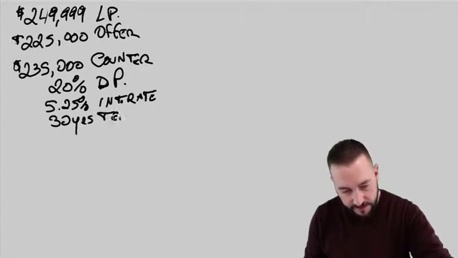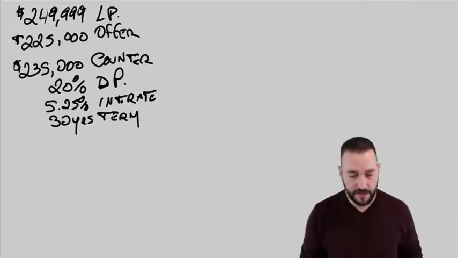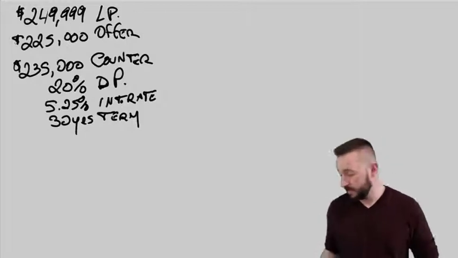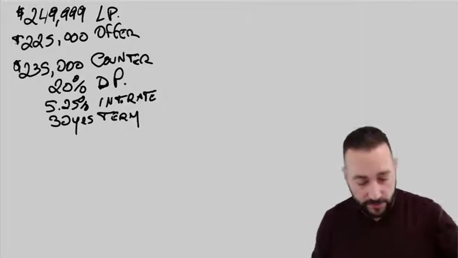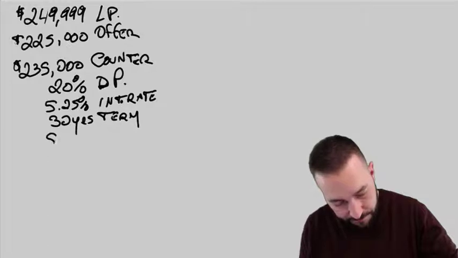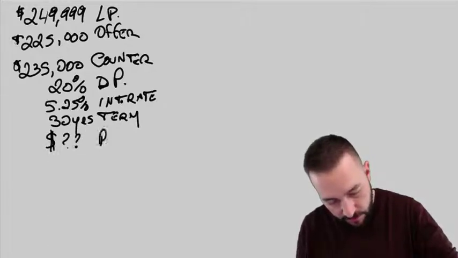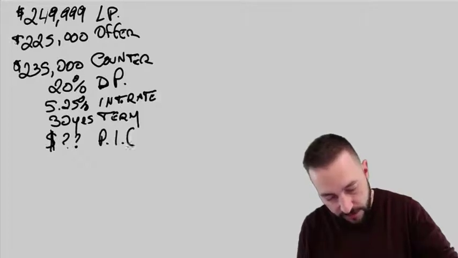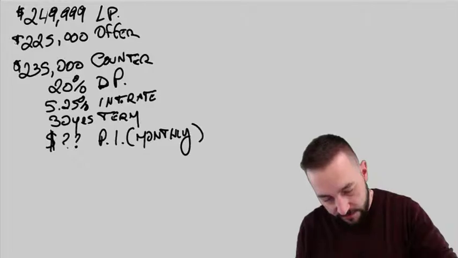And this is the term. All right, so this is the whole question. Now what we have to figure out is how much the principal and interest will be on a monthly basis.